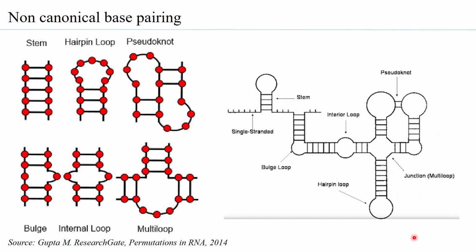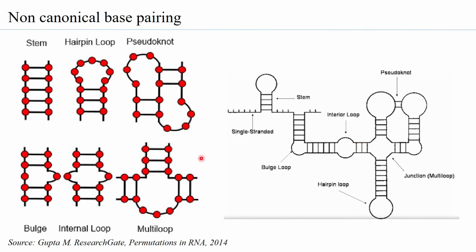Everything is possible within one single RNA. So you can clearly observe how a primary structure of RNA folds into a secondary structure and can also go into a tertiary structure.